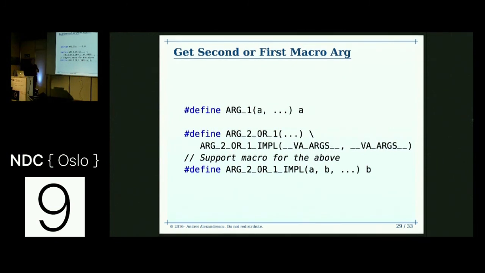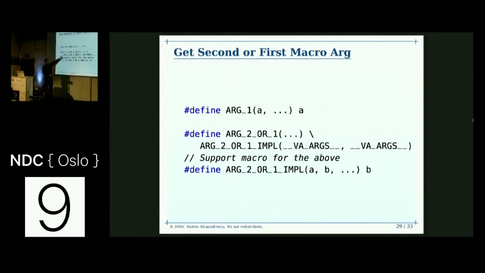If you call arg2or1 with one argument, X, it's going to expand into arg2or1_IMPL of X, comma, X. And then arg2or1_IMPL of X, comma, X is going to return X, so that's what I wanted, and I'm done.